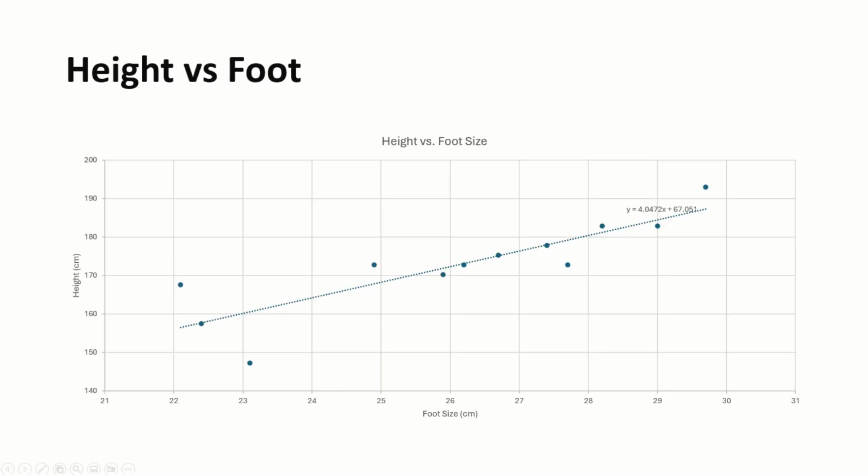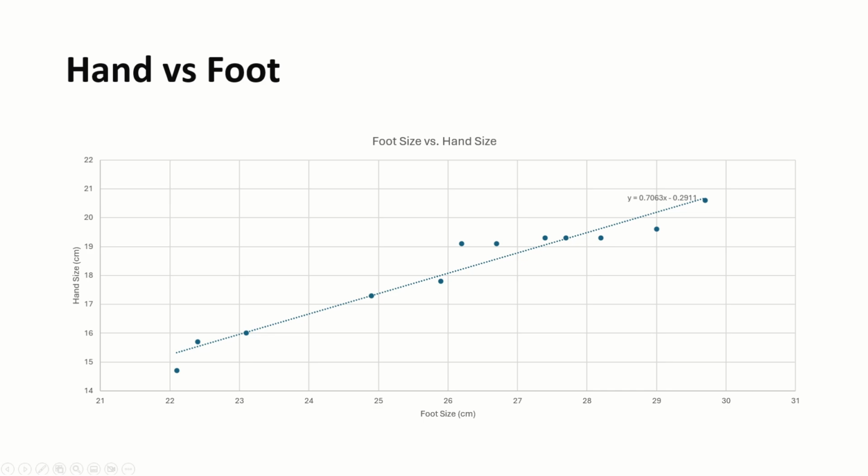And this is the height versus foot size graph, and also the trend line, and also the equation here. So let's move on. And now we have the hand versus foot graph. We also have the trend line here, as you can see, as well as the equation here.